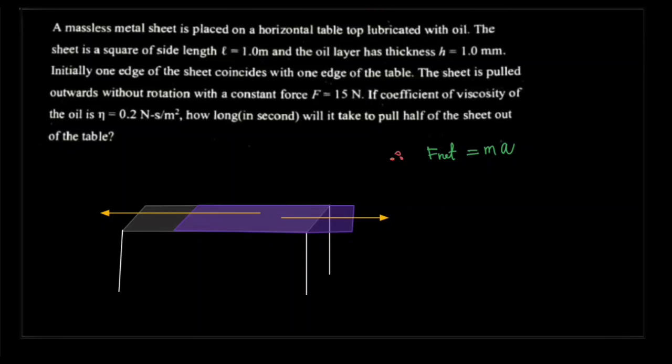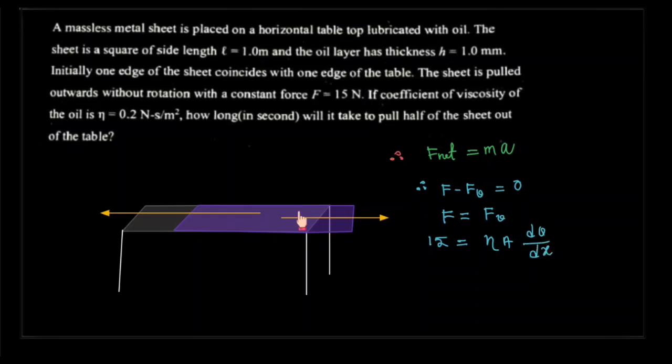So F net can be written as F minus the frictional force, which will be equal to 0 since the sheet is massless. Therefore the 15 will be equal to the viscous force, which can be written as eta into A into dV by dx.